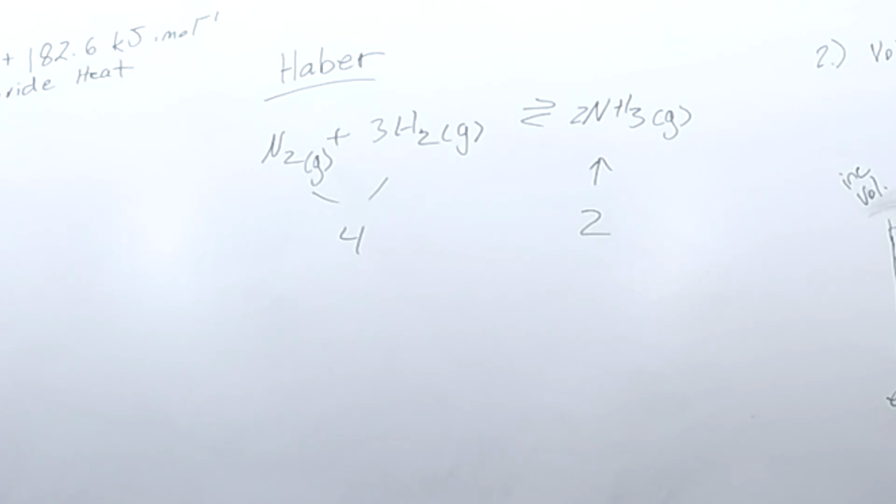Increase or decrease? Well, yeah, I would go increase then. Increase, right? If you want to favor a system with less molecules, you increase the pressure, decrease the volume, right? Less room favors less molecules.